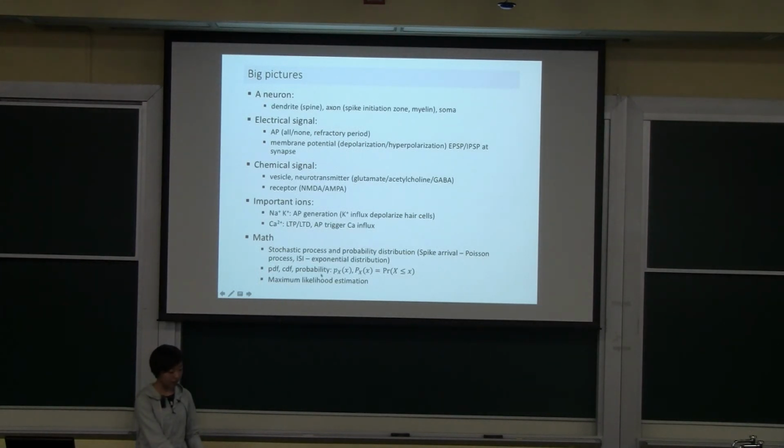This can be expressed in either little p or capital P. Also in Dr. Shadmir's lecture, he used this Pr, which stands for the probability of something. So you can describe the probability of a random variable, capital X, being smaller than or equal to this little x as capital P of x.